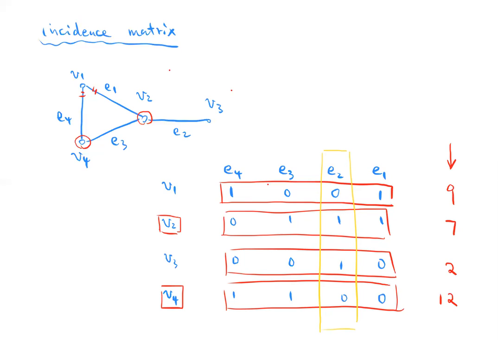Oh no, sorry, it's not. If we look at each column, no, not exactly 2 ones. Each column contains at least one 1.